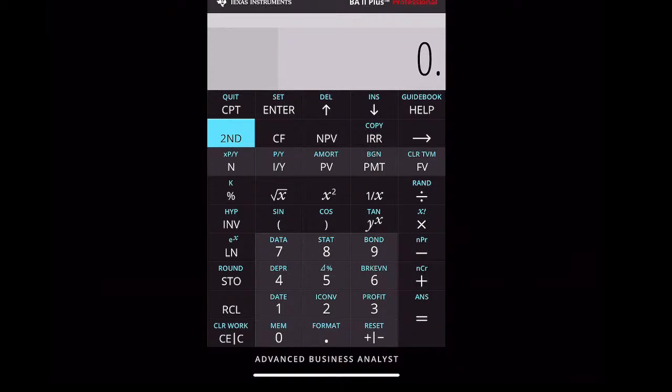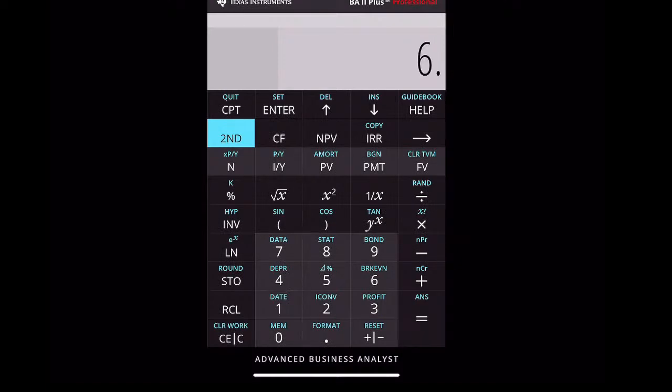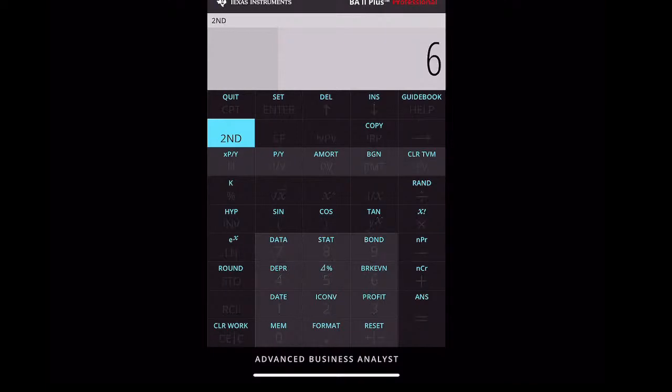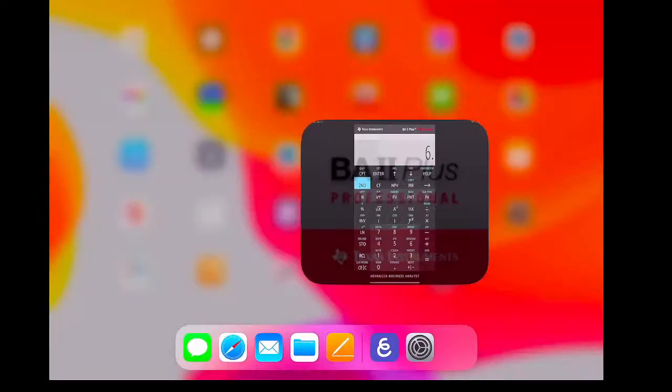It's the n choose r. So I'm going to hit 6, second function, nCr, 1, and I get 6. Do that again. 6, second function, nCr, 1 is 6. So that's all it takes.